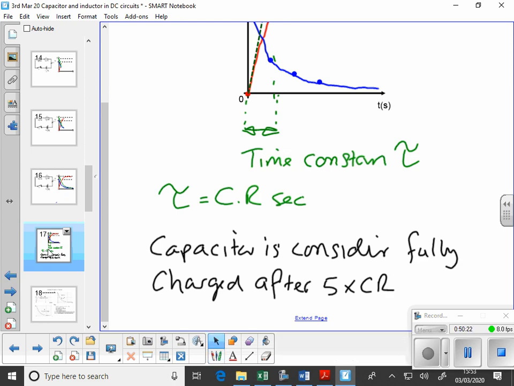At that point it's 99.99% charged, which we consider as full.